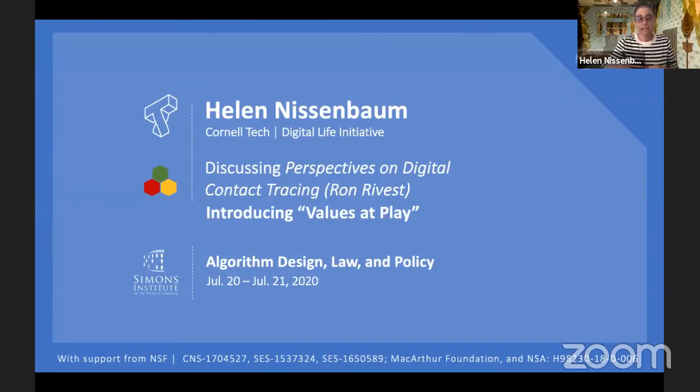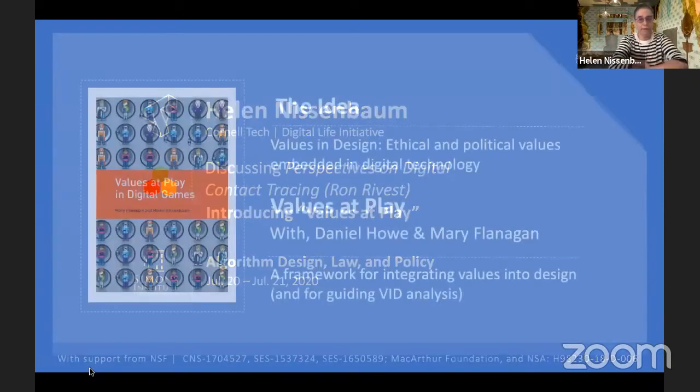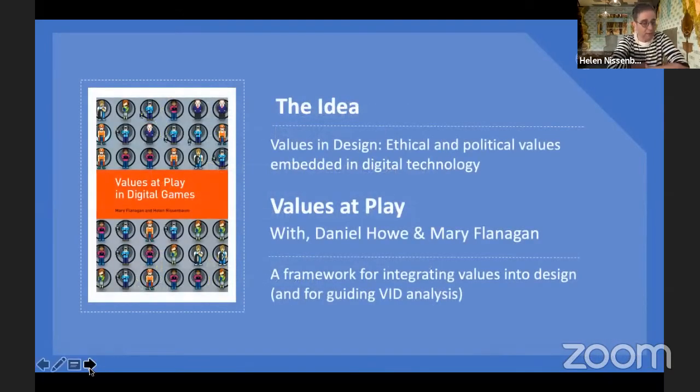And as many of you know, there's a complicated relationship between society and societal values on the one hand, and technology, high tech, and in our case, digital technology on the other hand.